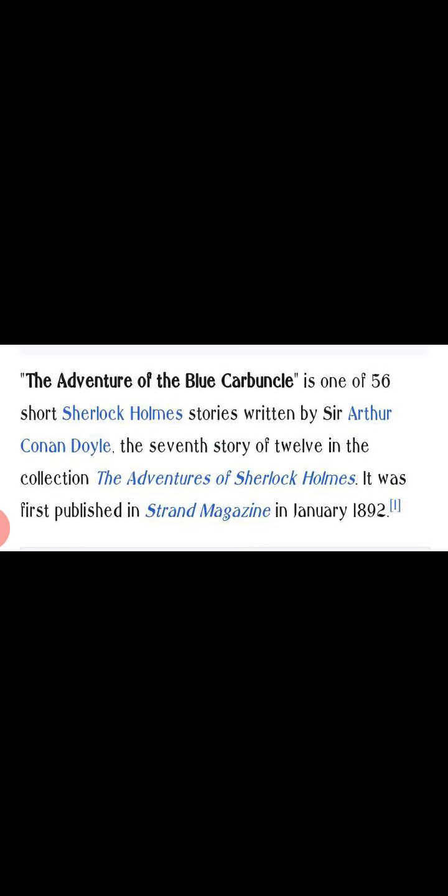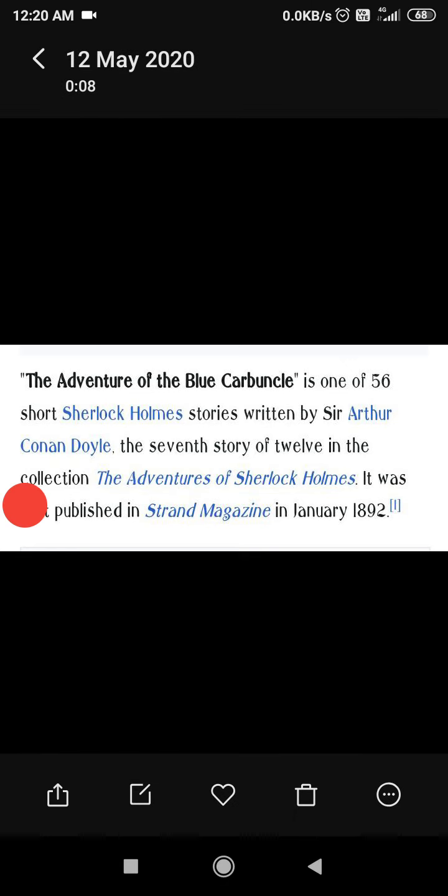Arthur Conan Doyle has written many stories. How many? 56 stories he has written. And he has written about what? About which character? In all his 56 stories, there is a central character, Sherlock Holmes.